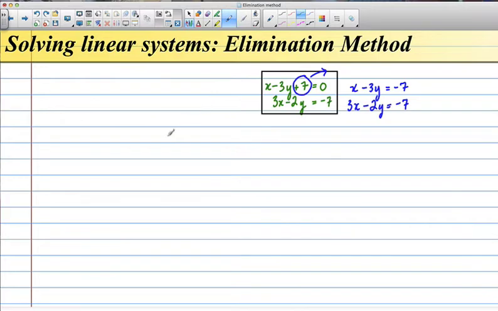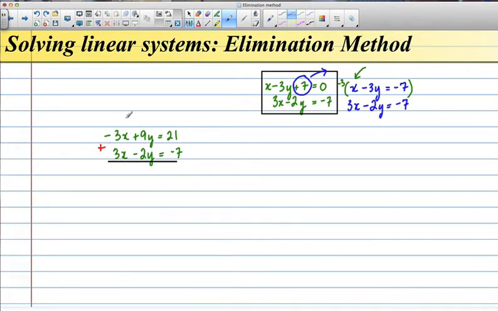Now, when we rewrite, we can choose to eliminate the x's by multiplying by negative 3. We're left with negative 3x plus 9y equals 21, and 3x minus 2y equals minus 7 stays. And we'll add the two equations.